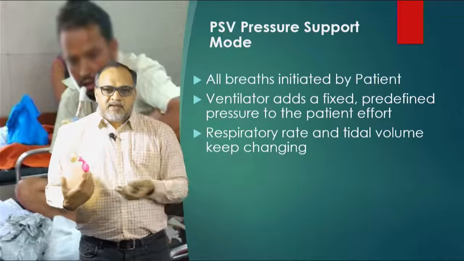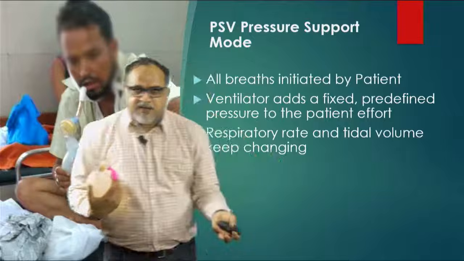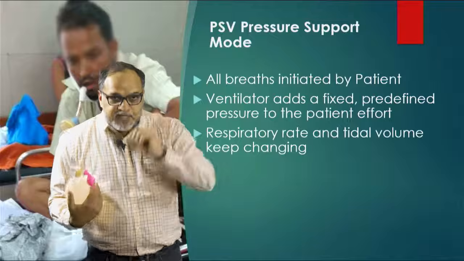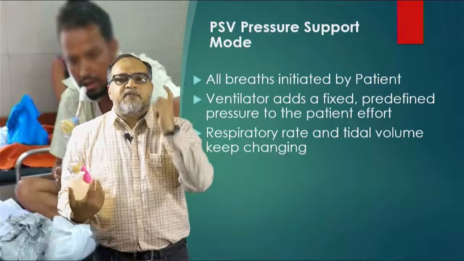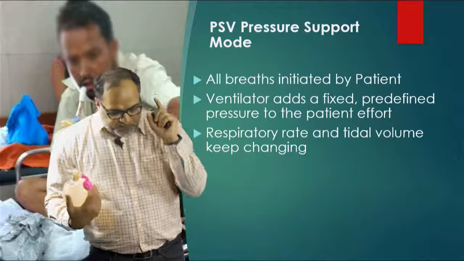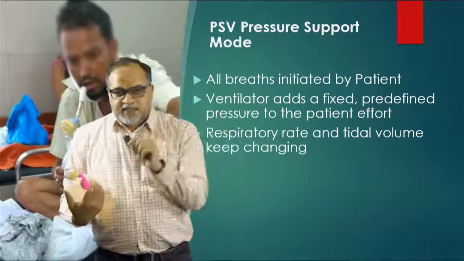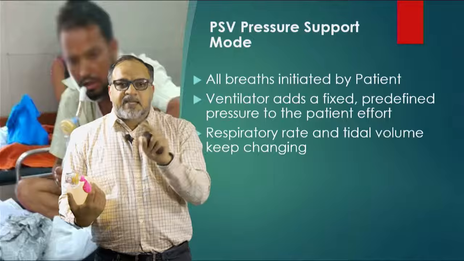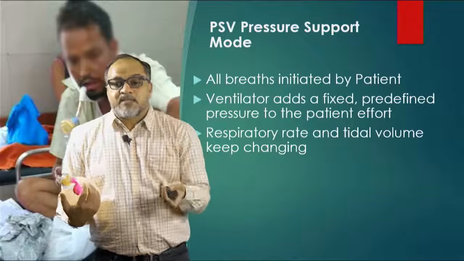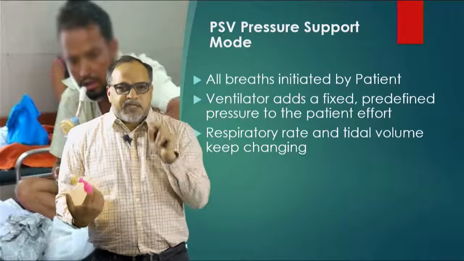The respiratory rate will be decided by the patient's efforts, and the tidal volume will depend upon the combined effort of the patient and the added 15 centimeters of water from the ventilator. Getting me? In PSV, the respiratory rate and tidal volume keep changing. Maybe if the patient is tachypneic, the rate will increase, and tidal volume will depend on two things.